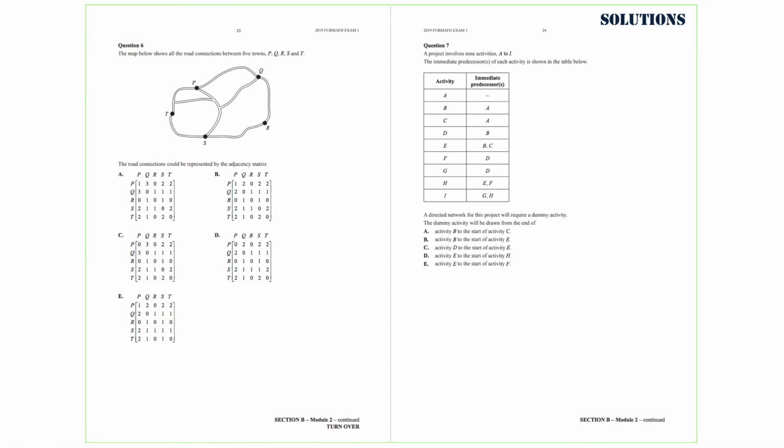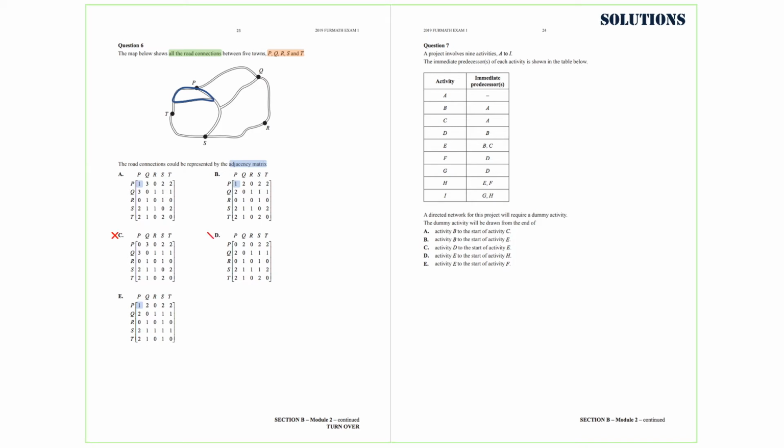Question 6. The map below shows all the road connections between 5 towns, P, Q, R, S, and T. The question is asking for the adjacency matrix for these road connections. First of all, notice that there is a loop at P. Therefore, we need to have a 1 in row 1, column 1.